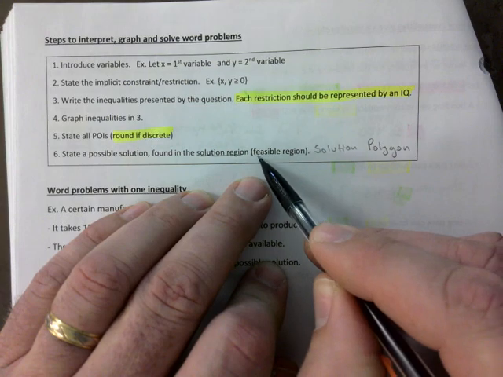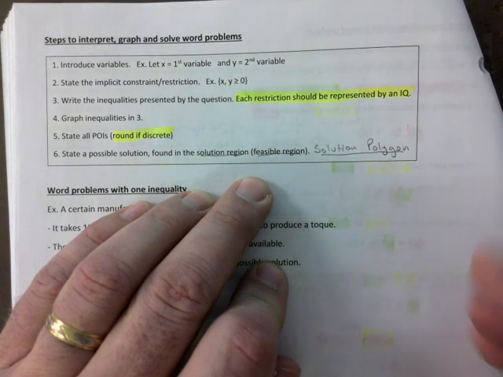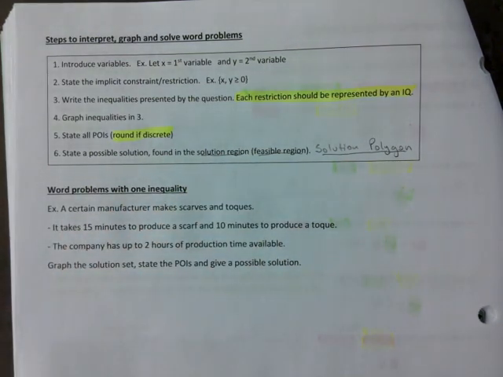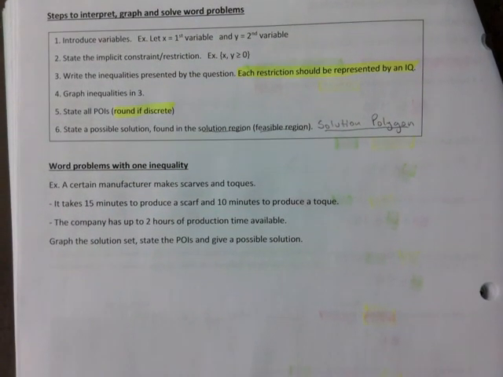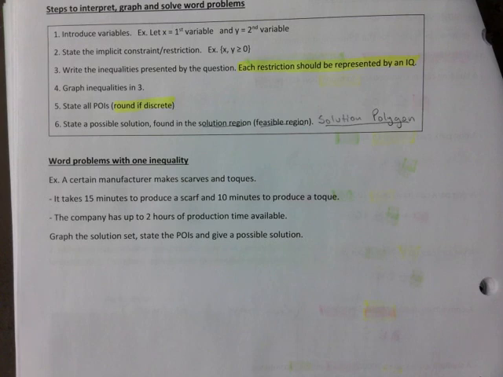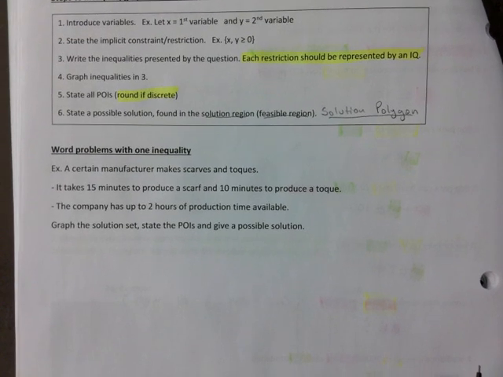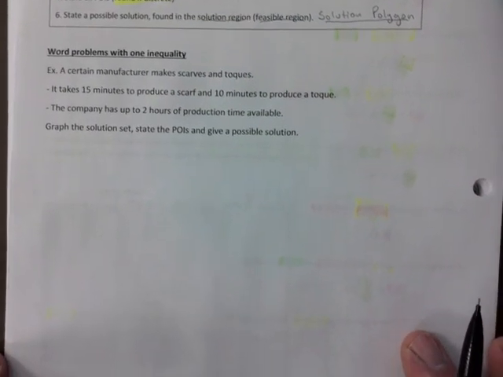Solution region, feasible region, solution polygon, and sometimes the true region. It's all the same thing. So don't let that throw you off. If you want to have that on your study sheet, you may. Quite often my questions kind of guide you through that anyways, but that's how you would tackle it if no instructions are given to you.